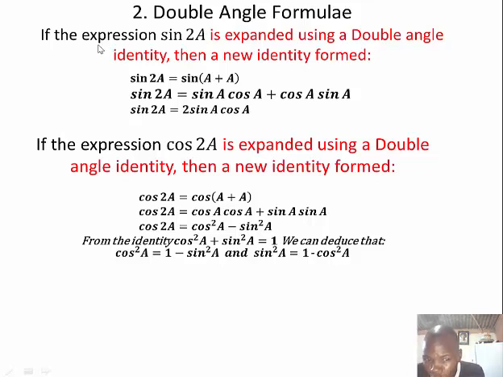So did you see that? Cos squared a equals 1 minus sine squared a. Remember it. Alternatively also, sine squared a equals 1 minus cos squared a. So these are very important identities. You need to remember these because we will be doing a few examples and these will come up. Now let's look at it again.